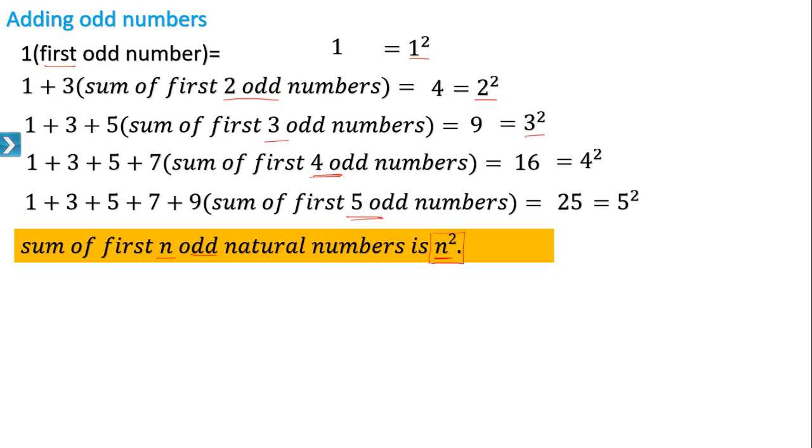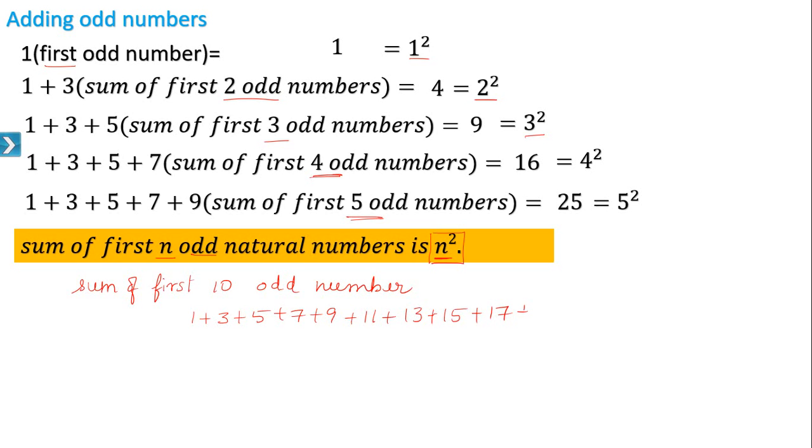For example, the sum of the first 10 odd numbers means 1 plus 3 plus 5 plus 7 plus 9 plus 11 plus 13 plus 15 plus 17 plus 19.